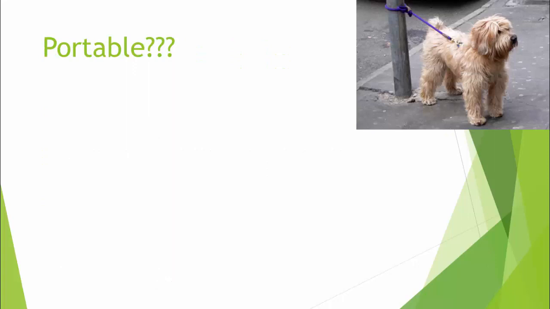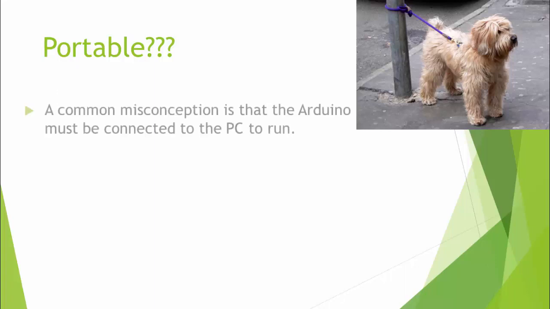Now, I alluded briefly to the idea that an Arduino is nice and portable, that it can be put into movable devices. So what about that USB cable? Well, I've noted that a lot of students have the misconception that the Arduino is connected to the PC and the PC is actually controlling the device.